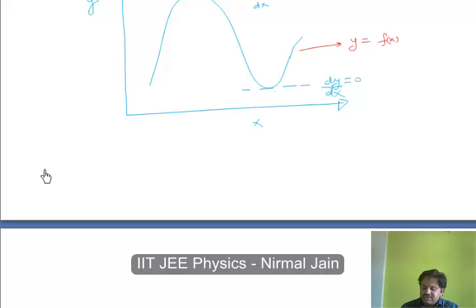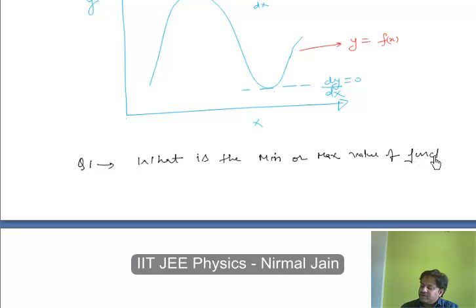So for finding the maximum value and minimum value of the function, we may be asked mainly two questions. First question may be like, what is the minimum or maximum value of the function? Let's say we are given some function as y is equal to f(x). Then we may be asked what is the maximum value of f(x) during a particular interval.